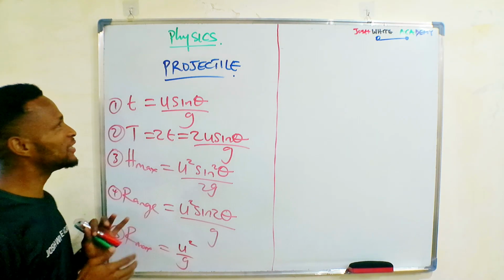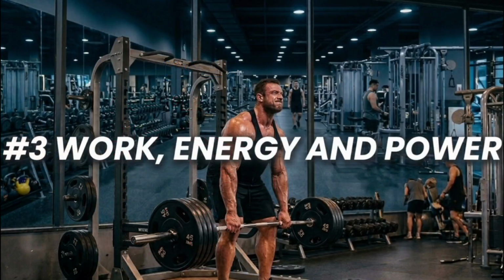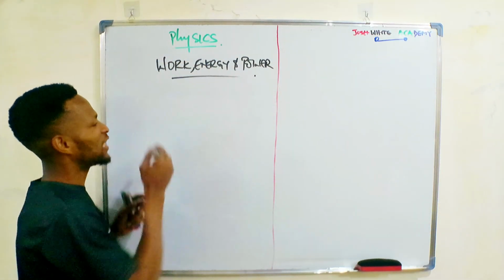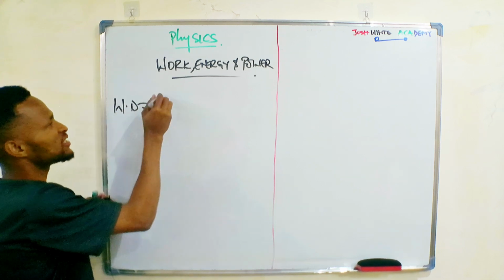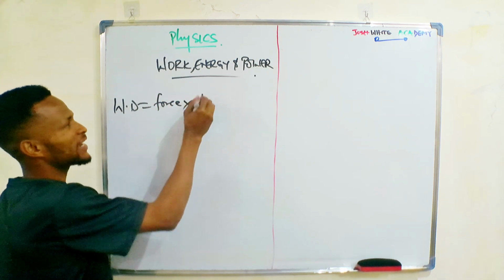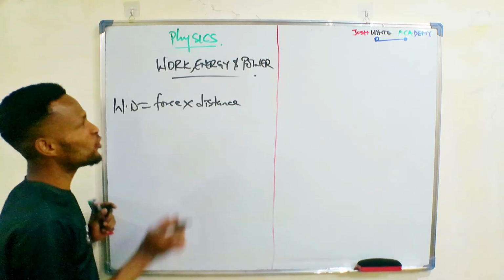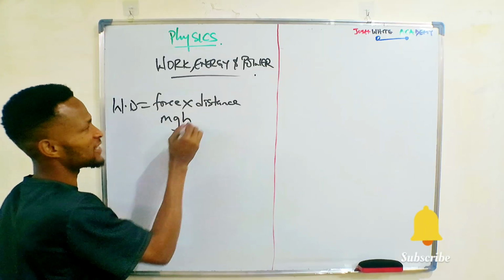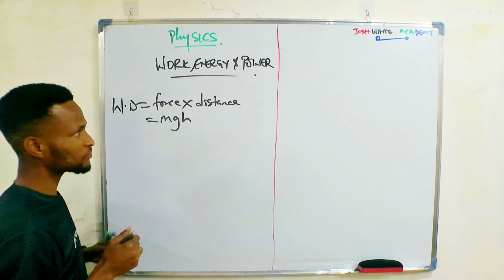We will then be seeing work, energy, and power. So under work, energy, and power, work done is force multiplied by distance, and we know that force is mg, distance can be height, so our work done is also equal to mgh.